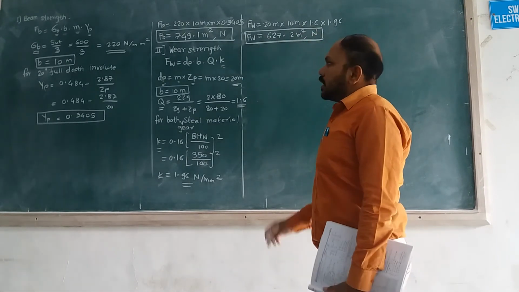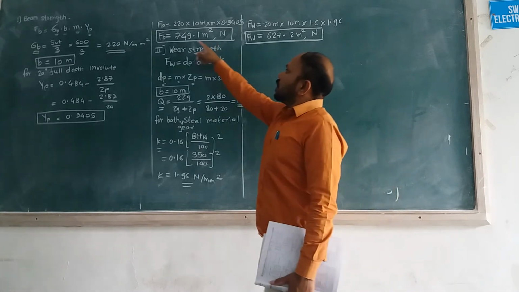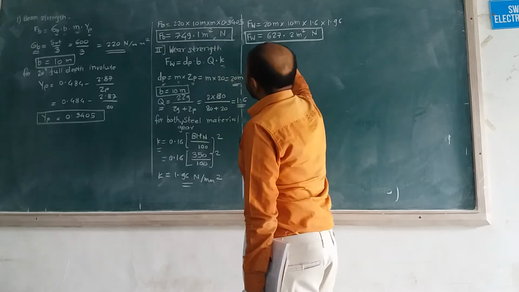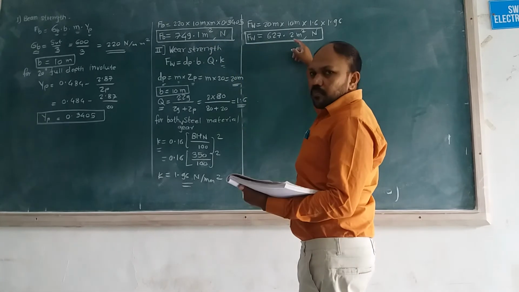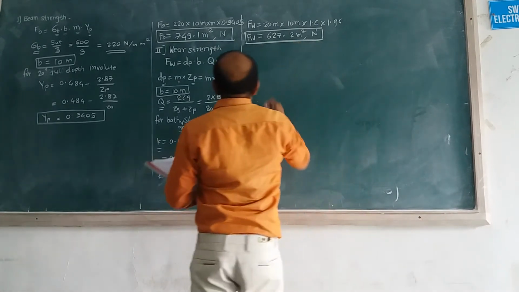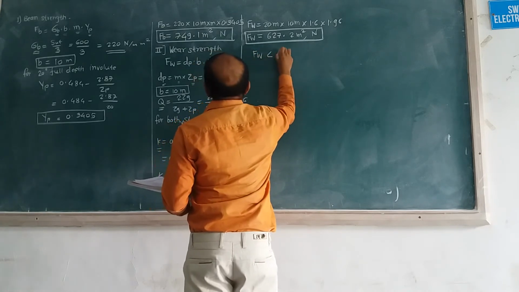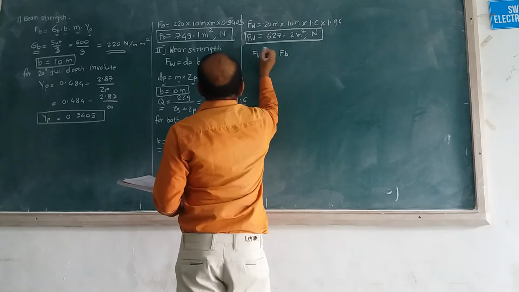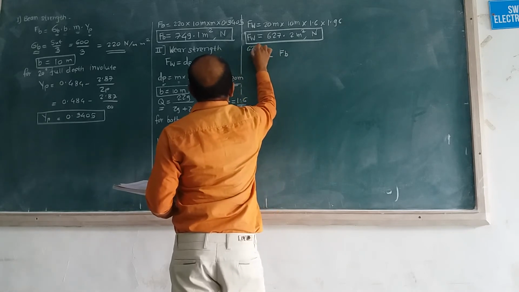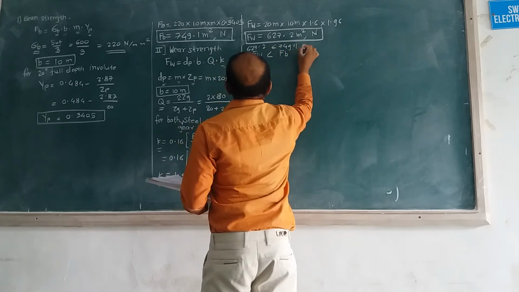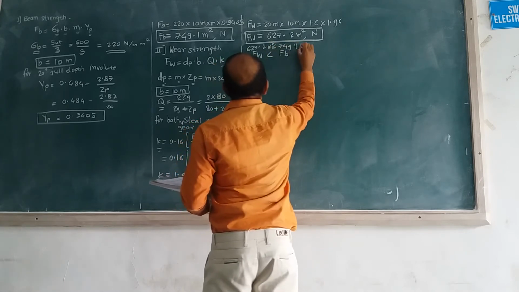This is in Newton. Now compare Fb and Fw. This is Fb value, that is 749.1 module square, and this is Fw, that is 627.2 module square. Now comparing this, we get Fw is less than Fb, that is 627.2 is less than 749.1 module square.